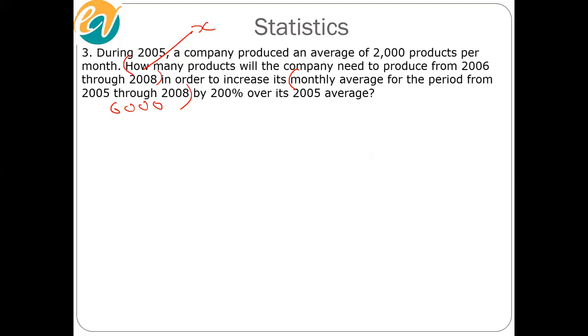Now tell me, how many products did the company produce in 2005? 2000 is per month. So in 2005, the total production was 12 into 2000. How many products would the company produce between 2006 and 2008?